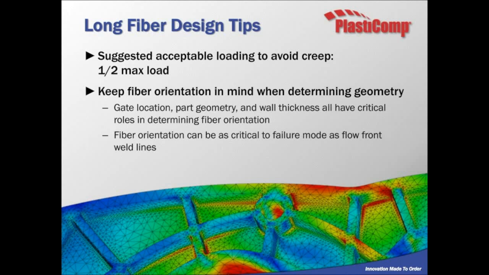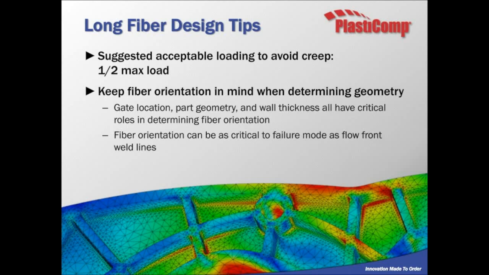Similar to water going through a pipe. If it's a thicker pipe, you can get more flow through it. So you can actually use wall thicknesses to start manipulating the speed of the flow. Now, if you do this improperly, it can backfire, but when you know what you're doing, you can actually harness it to get the fiber orientation where you want and how you want, or at least at the places that you're most concerned.